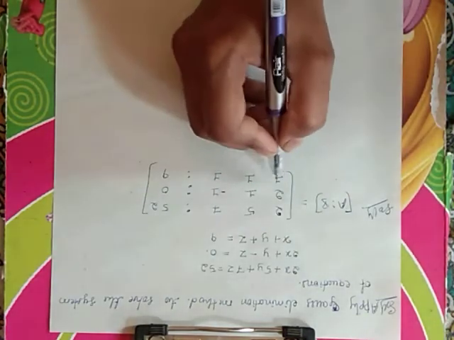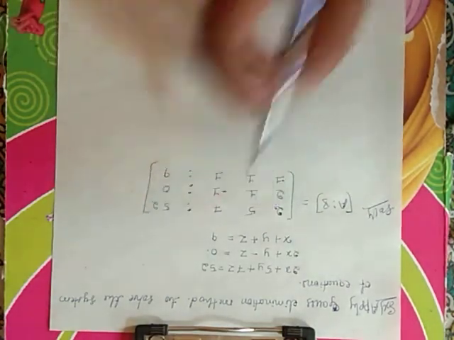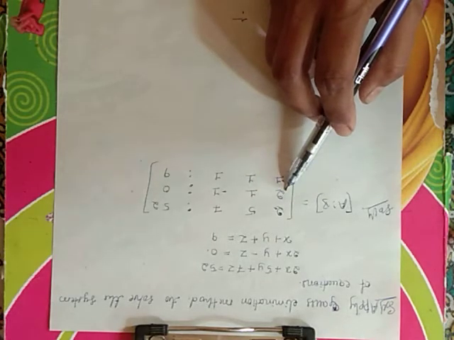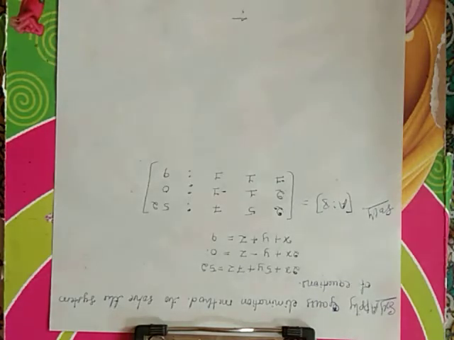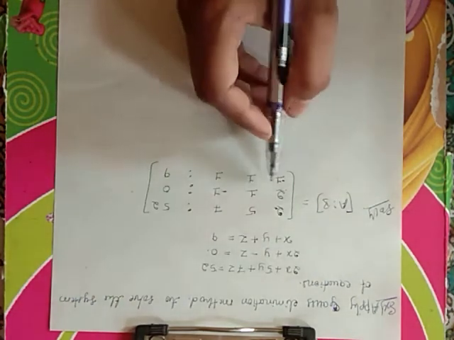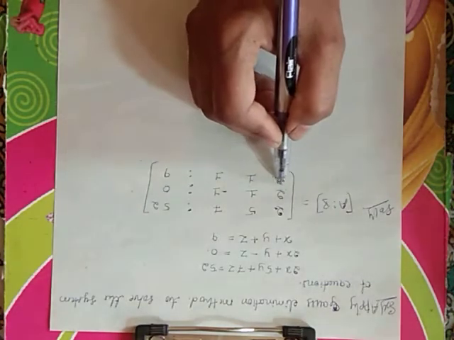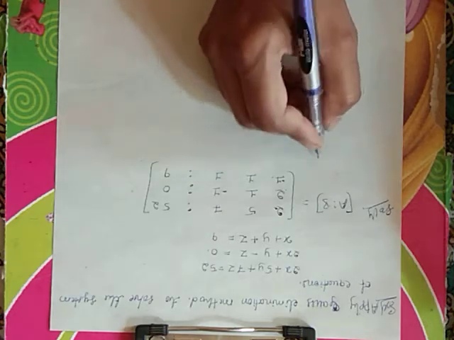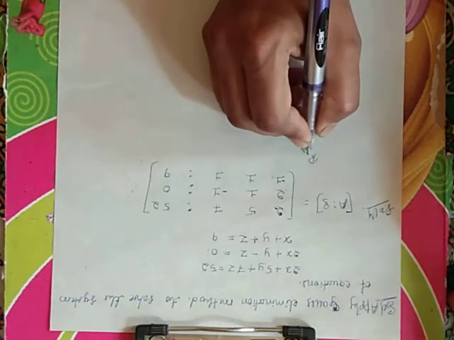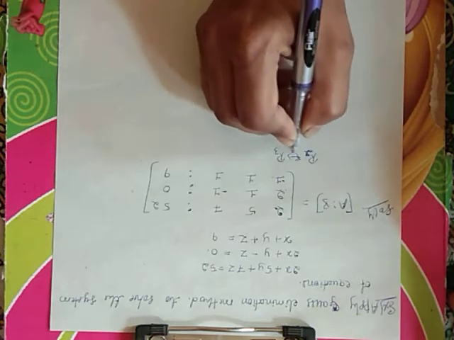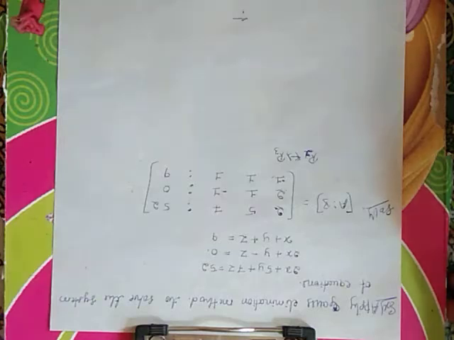Now, here in the first and second rows both the elements are 2. To make the simplification very easy, for our convenience I am taking the interchange of the rows. I am choosing R3 because it is 1. So I am going to interchange R1 and R3.